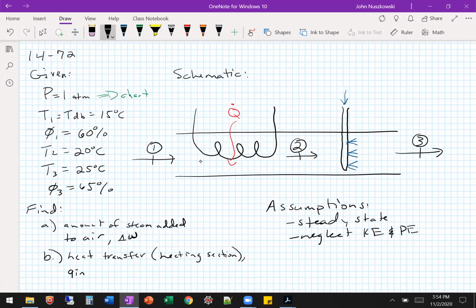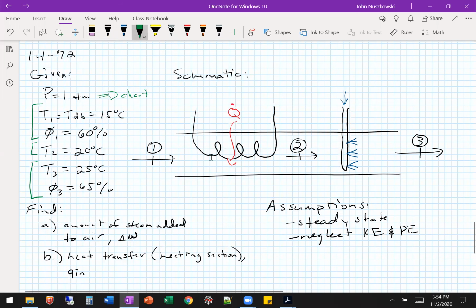All right. What do we see with the properties that we're given in our givens? Do we have enough information for state 1 to find a point on the chart? Yeah, we have the dry bulb and the relative humidity. Okay. How about state 2? Not yet, right? State 3 we do. Okay.